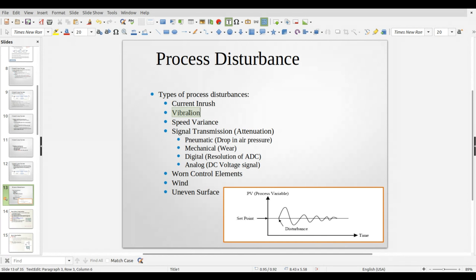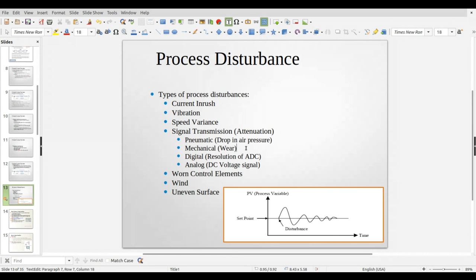Vibrations: if you're measuring the speed of something rotating, any kind of vibrations will throw off your measurements, and that would be a disturbance. Any speed variance, or if you're trying to measure, say, air pressure inside of a system, and somebody opens a door or valve and lets some air in or out, that's going to disturb the system.